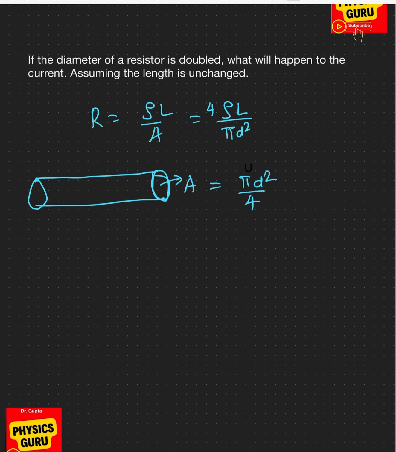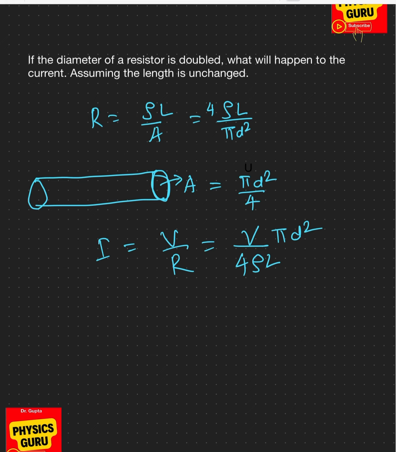So now look at the current. The current is V over R. So V over R is V pi d square over 4 rho L. Okay. So now, assuming the length does not change, what is it asking here?